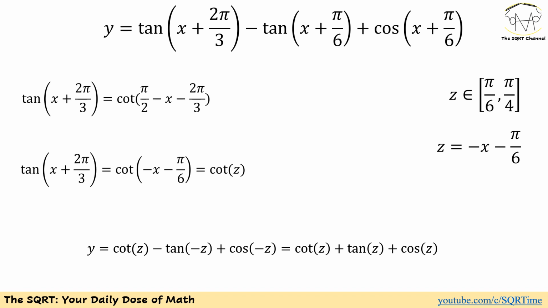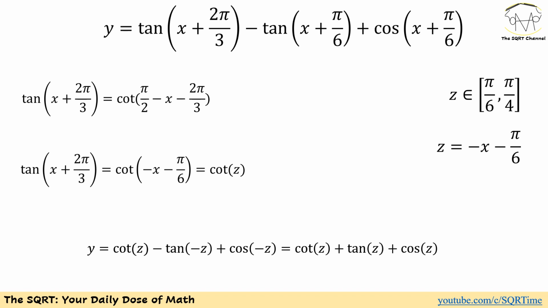Remember, tan of x equals cotangent of pi over 2 minus x. So I'm going to use that identity and then write tangent of x plus 2 pi over 3 as cotangent of pi over 2 minus x minus 2 pi over 3. Now it's just a simplification.